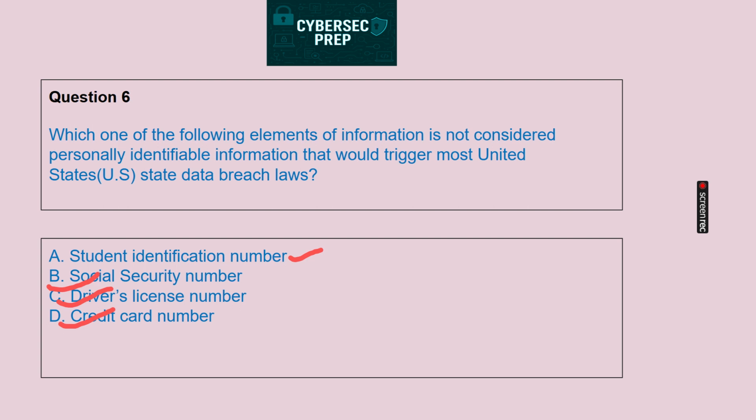California's breach notification law also protects some items not commonly found in the other state laws, including medical records and health insurance information. These laws are separate and distinct from privacy laws, such as the California Consumer Privacy Act (CCPA), which regulates the handling of personal information more broadly. Okay, so for this question, option A is the right answer.